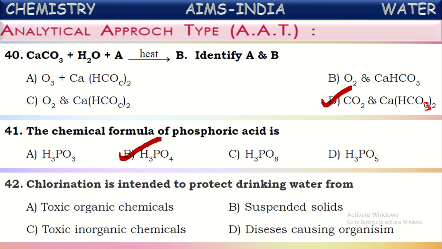Next, chlorination is intended to protect drinking water from what? Generally, chlorination is a process used to kill the disease causing organisms present in the water. So, chlorination is intended to protect the drinking water from disease causing organisms, germs, and bacteria. Okay, this is the correct answer.